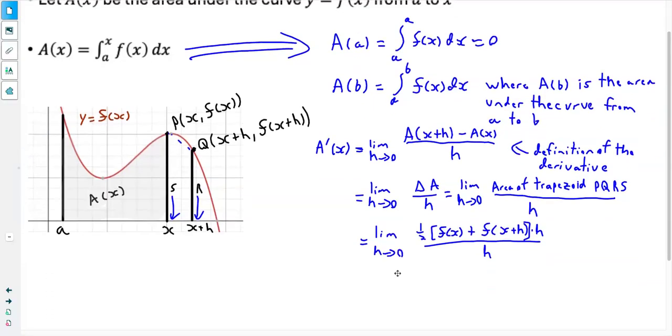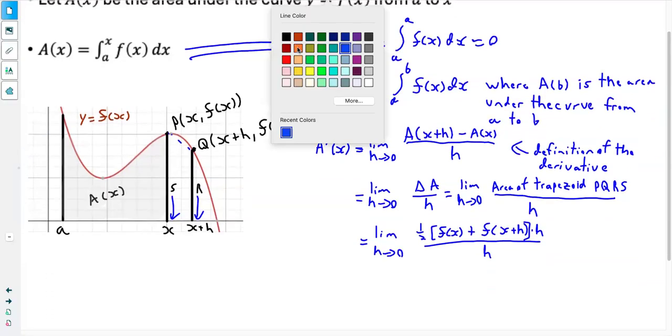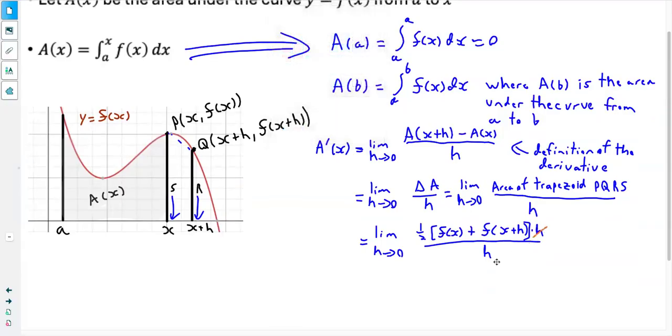Now you'll notice that we essentially have an h here and an h here that can cancel. So that gives us our limit as h goes to 0 of 1/2 times f of x plus f of x plus h.